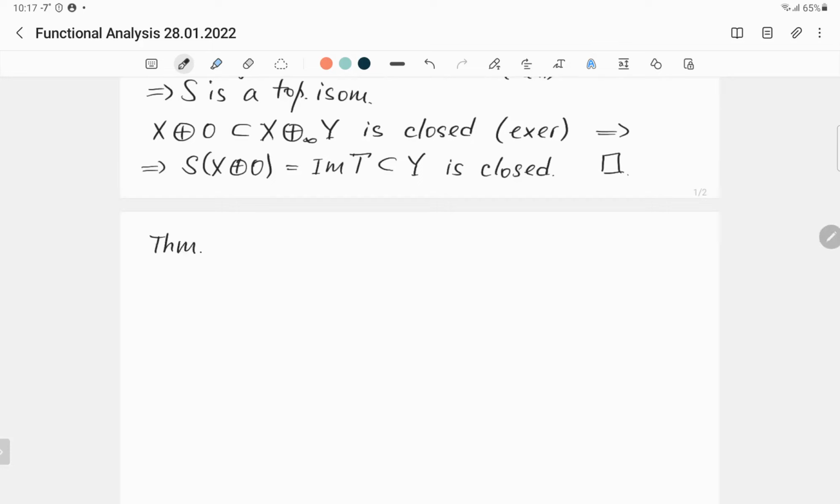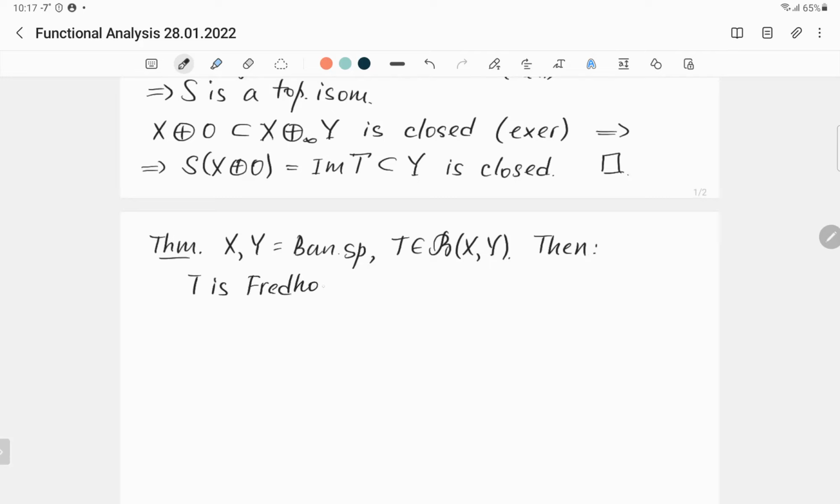Again, suppose that X and Y are Banach spaces, and T is a bounded linear operator from X to Y. Then I claim that T is Fredholm if and only if the dual operator T star is Fredholm.